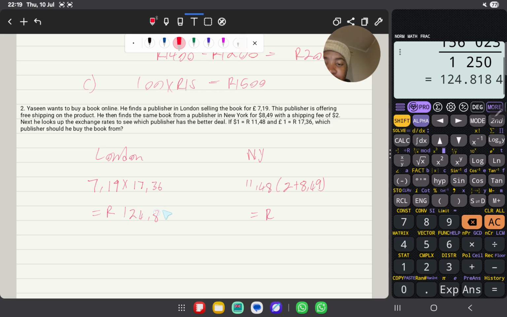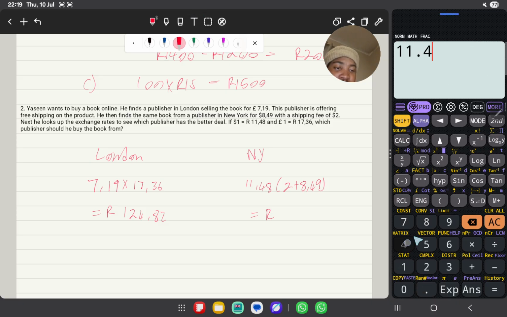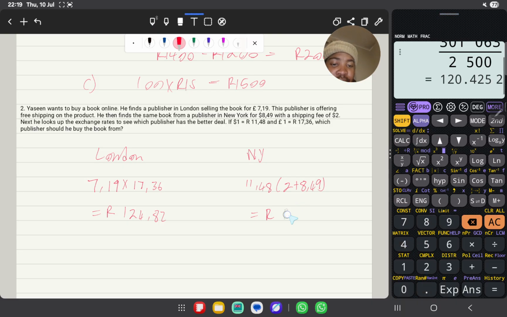124 rand 82 cents. And then here we go plus 8.49, and you have 120.43, right?